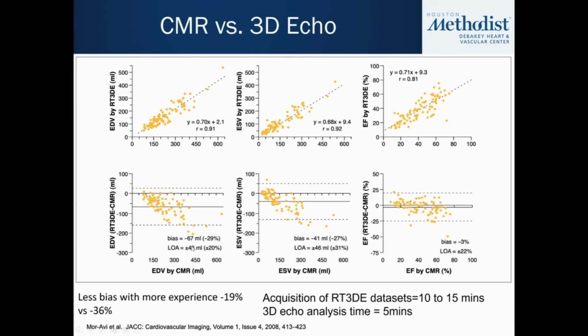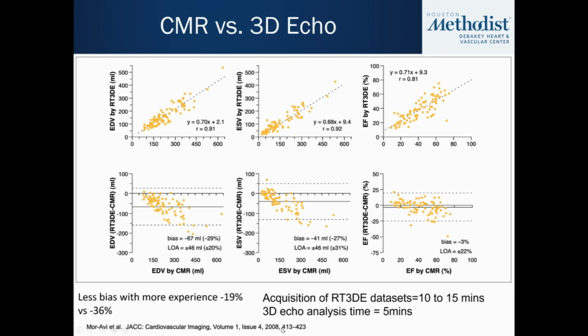So here it's a negative bias of 67 for end-diastolic volume, 41 for end-systolic volume, minimal difference in ejection fraction. The analysis time for this study in terms of the 3D data set was reported to be 5 minutes. Acquisition, where in this study it was acquired over multiple heartbeats, so you don't have any AFib patients or anything like that in this study. It took longer than you'd expect.